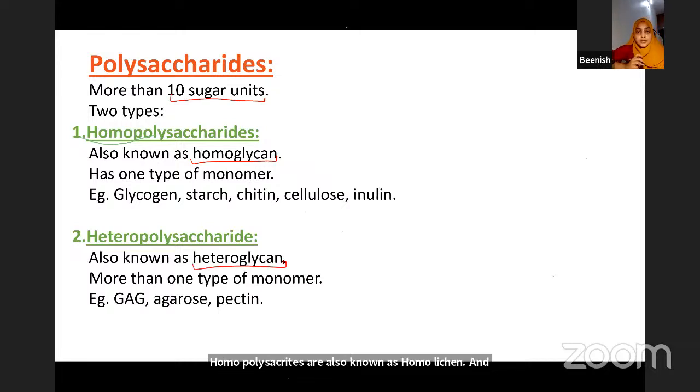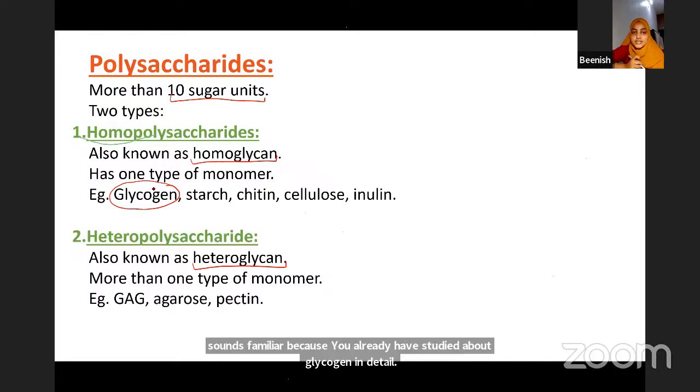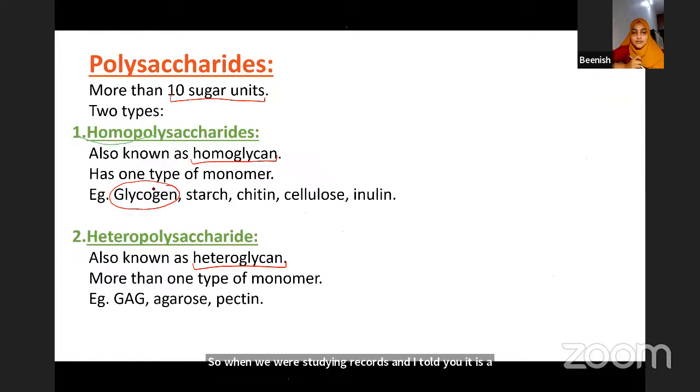Now, hearing the term homopolysaccharides, I know it sounds familiar because you have already studied glycogen in detail. When we were studying glycogen, I told you it is a homopolysaccharide composed of alpha D glucose. So, in homopolysaccharides only one type of monomer is repeating itself again and again to form the polysaccharide.